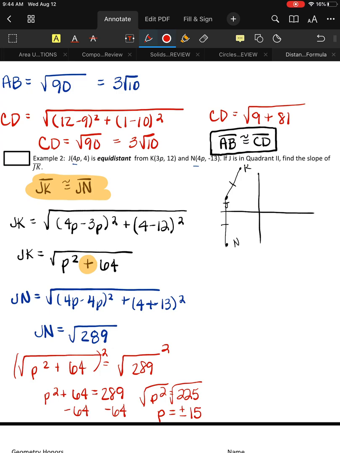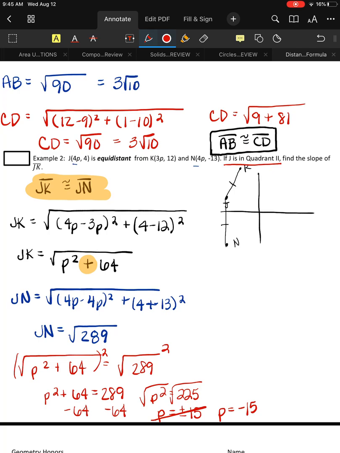Okay, so we found p, except that p has two possible answers. It's positive 15 or negative 15. Now, if you go back here, it said that J was in quadrant 2. So we know that p has to be equal to just negative 15.